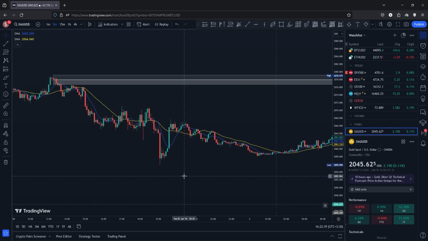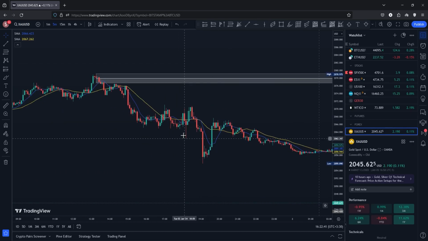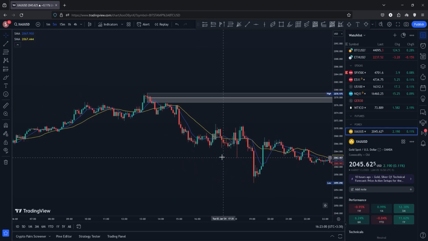Well, let's go to the previous day. As you see, you lose your trade here if you enter for a long position. It gives you a good trade here, but yeah, it's good. You can enter that trade.